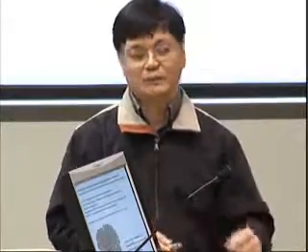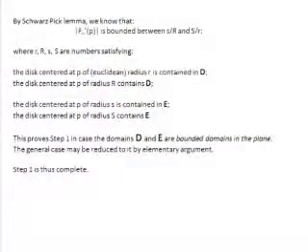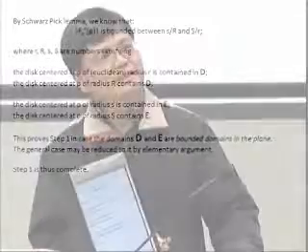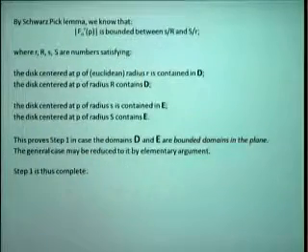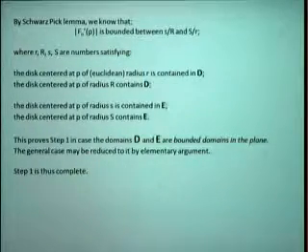So this shows that the derivative in absolute value is bounded between those numbers when the domains are bounded domains, and the general case may be reduced to that case. Okay, so that's basically step 1.